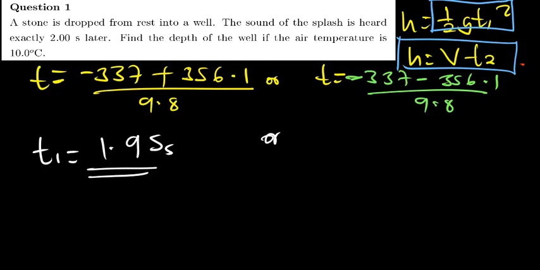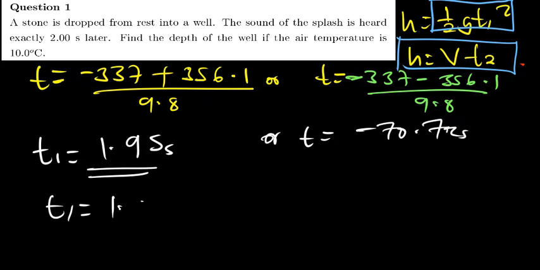This one will give me negative, but time cannot be negative, so I'll just leave it that side. It's going to be negative 337 minus 356.1 divided by 9.8. So I'm getting negative 70.72 seconds. So the time, which is T1, is now 1.95.